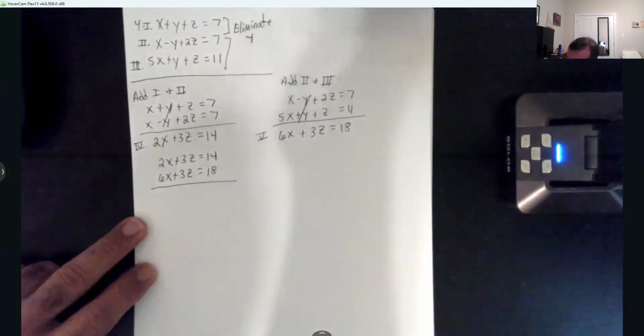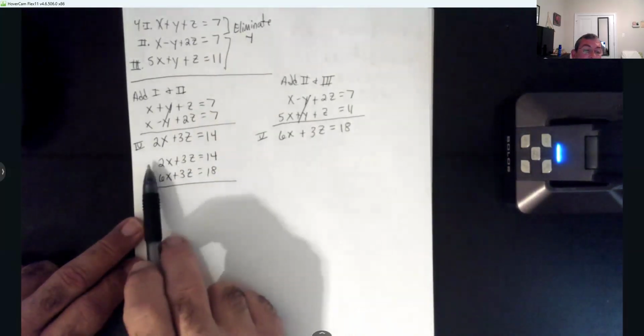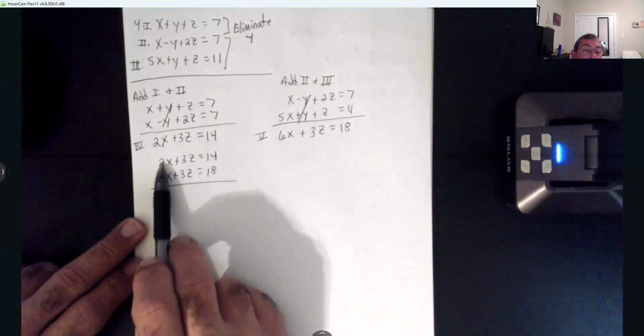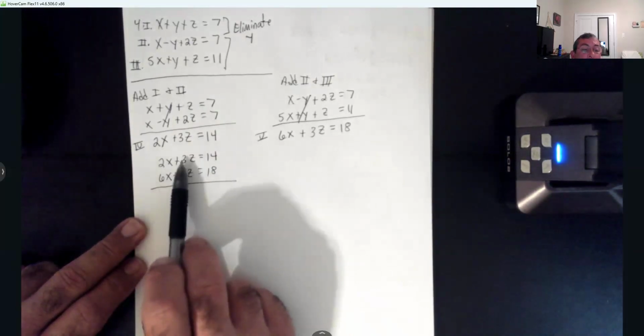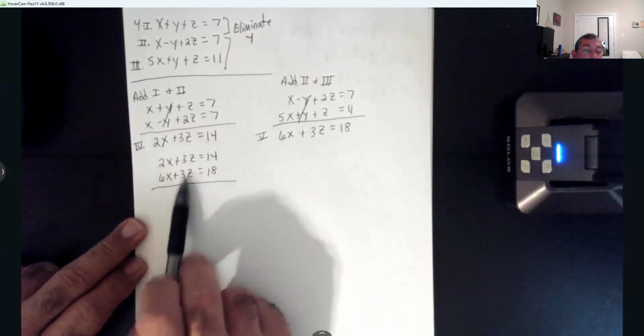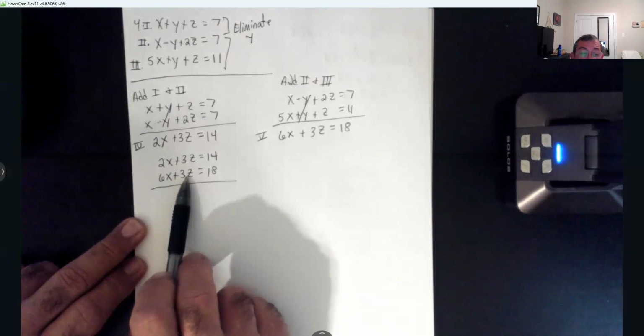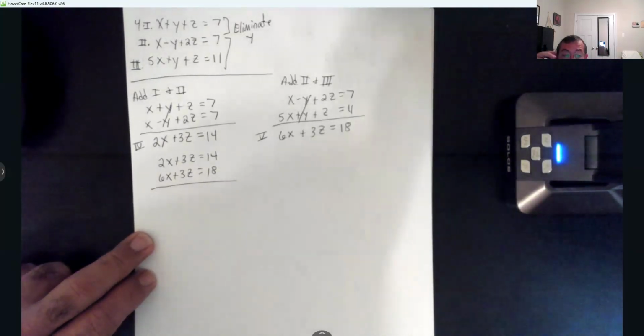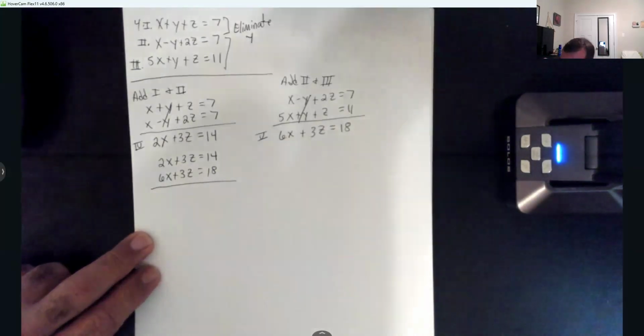You can get rid of the x's by multiplying this row probably by -3. That'd give you -6 and -6. You can eliminate the z by multiplying one of these rows by a negative, and then that'd give you a -3 and a +3. So y'all, many ways to go on this one.